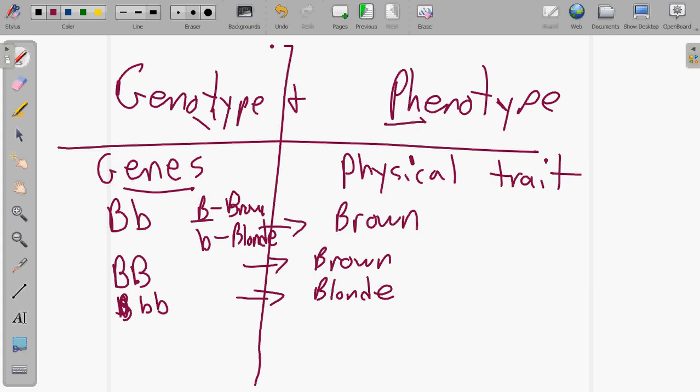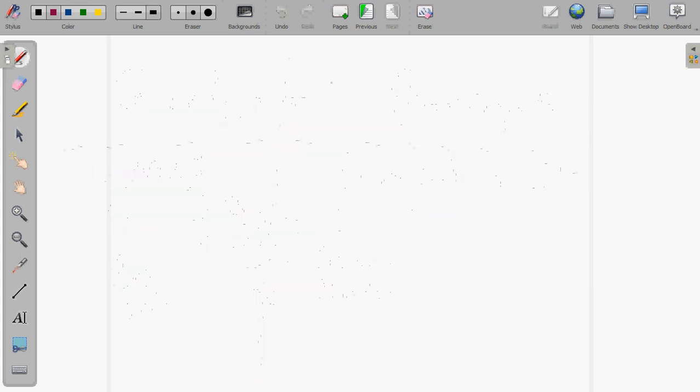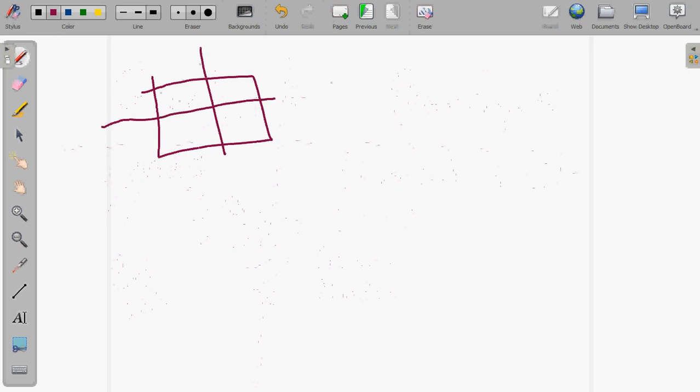All right. And then we talked about Punnett squares. So Punnett squares look something like this. You have one organism up here, and you have another organism here.